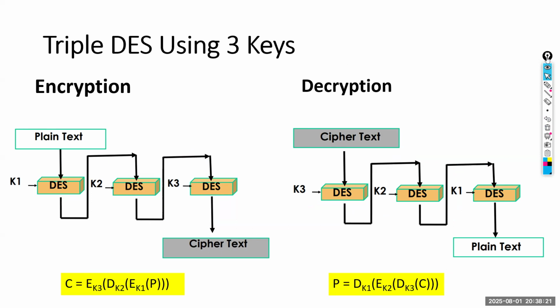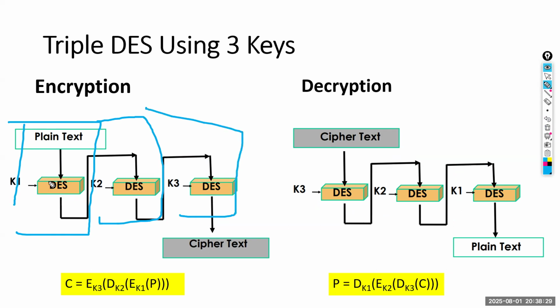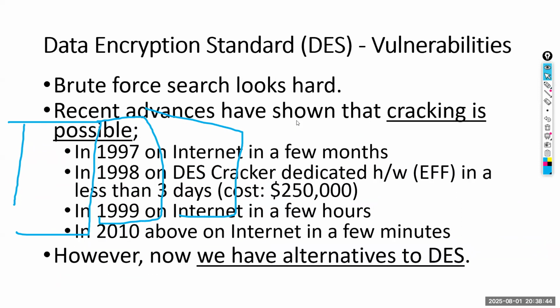No, these are three rounds, three steps. Triple DES. Step one, step two, step three. And each step you may have multiple rounds, maybe 10 rounds. These are the three times you do it. Each one is something like this.